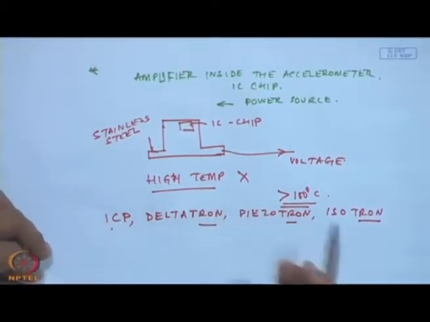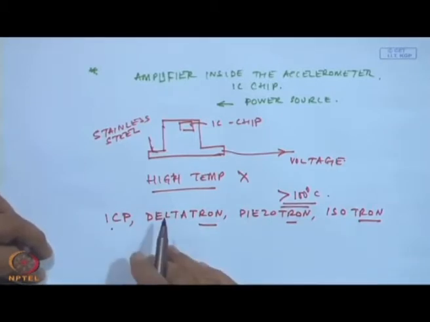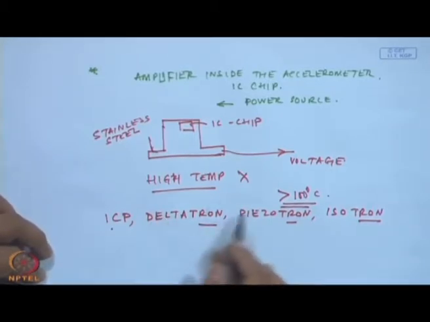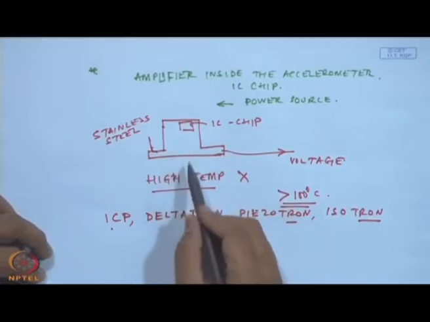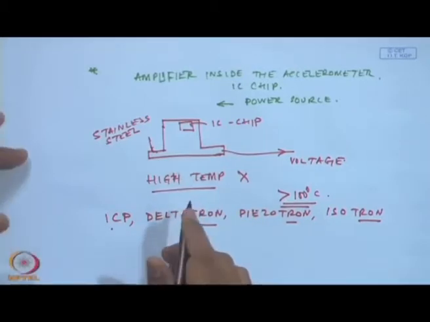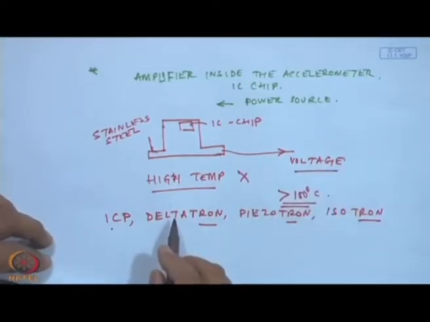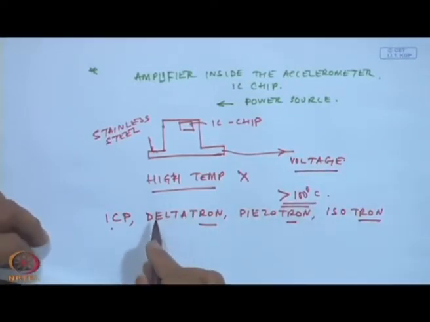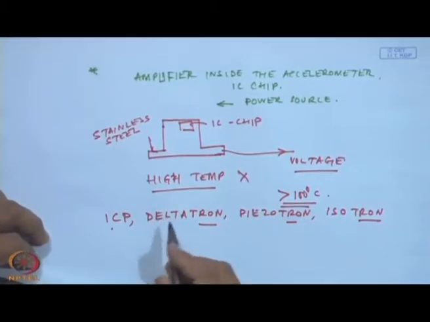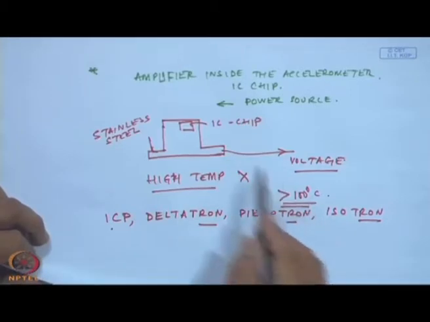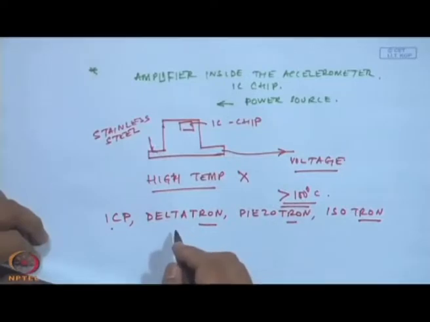These are different trade names the companies use to sell their charge amplifiers, which have the IC inside it. So, all you will require is just put that accelerometer, give it a power supply, and you will straight away get the voltage. So, this is very convenient from a vibration monitoring point of view, because nowadays many of the signal analyzers have the built-in power source, which could be used to power such ICP type accelerometers, and they are very convenient. But the strongest disadvantage is that they cannot be subjected to high temperatures.